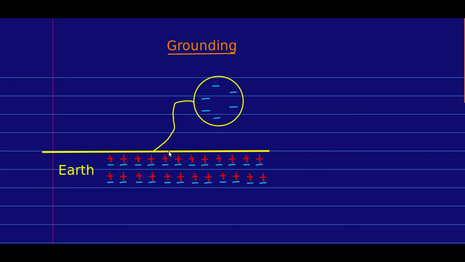Alternatively, if these negative charges on this object are not mobile, then positive charge can be attracted up from the Earth into the object. Either way, this neutralizes the object. This process of connecting an object to the Earth so that it shares charge with the Earth is called grounding.